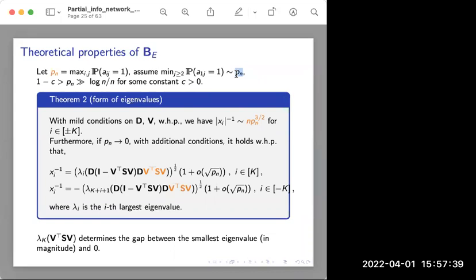So that means that the individual is, relatively speaking, very popular? Yeah, it needs to have enough number of neighbors. Although Pn in general is going to 0, it can't go to 0 at a rate too fast. So we need a way of controlling what is the minimum Pn, what is the minimum probability of edges around the neighbors of individual 1.